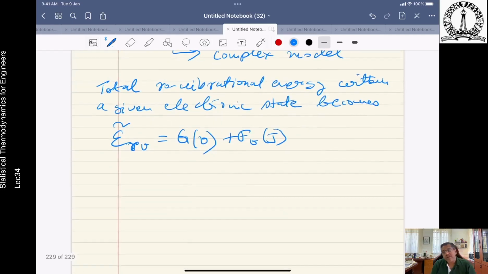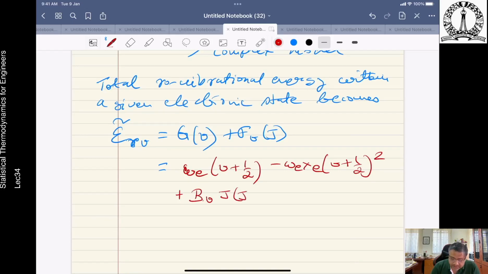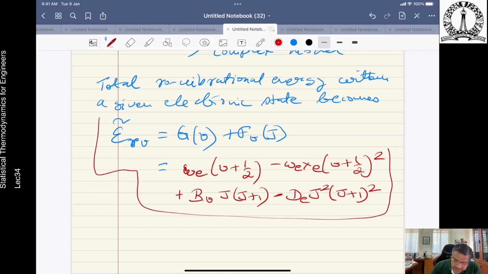This is the total ro-vibrational energy. If we expand G(V) and F(V,J), it will be omega_e (V plus half) minus omega_e x_e (V plus half) whole square, plus, these were the correction terms if you recall, B_V J(J plus 1) minus D_e J square (J plus 1) whole square. This is the total ro-vibrational energy for any given electronic state.